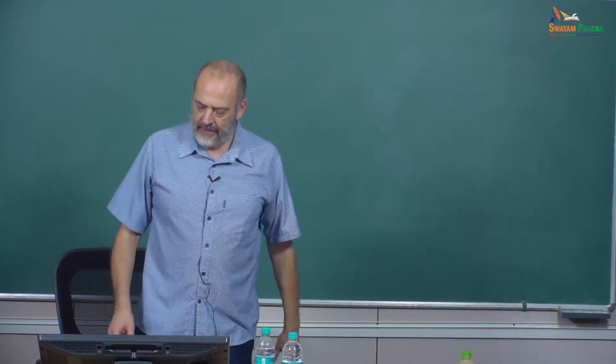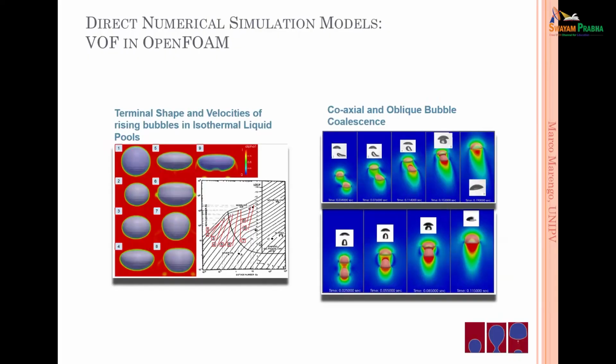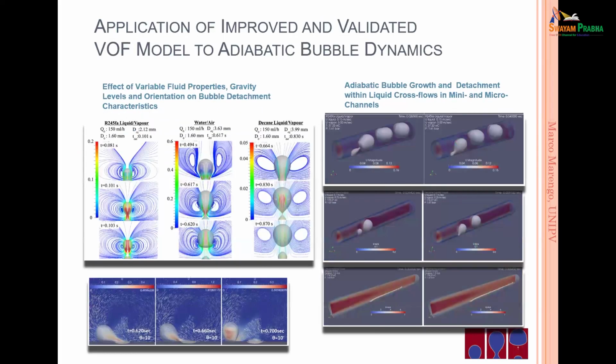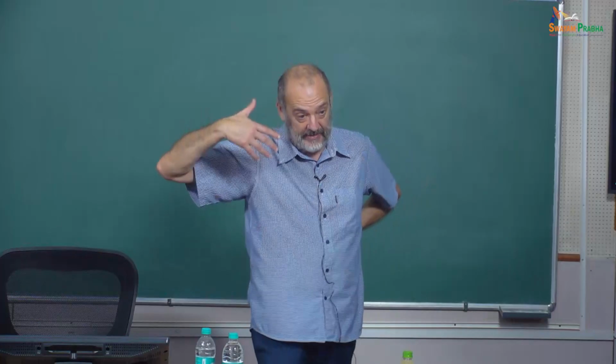And so we can do many different simulations, also with the heat transfer. This is, for example, our simulation of a bubble that is growing. Again, as I said, we need to patch a bubble in order to allow the bubble to grow and go away when we have a phase change, for example.